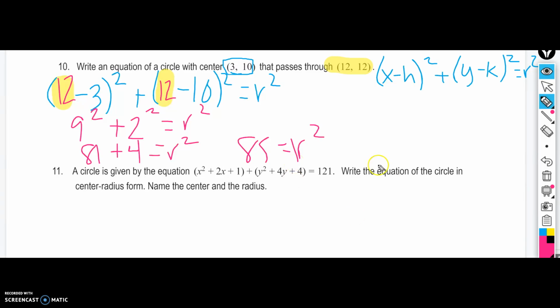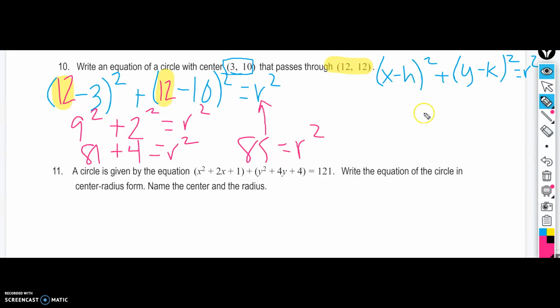Now, I could go further right now and write that r is the square root of 85, but if I need to write an equation of a circle, it doesn't matter that much to me, so I'm not going to bother with that. But what I am going to do is substitute back in right here for that r squared. And where it says 12, 12, I'm going to leave that as x and y again.